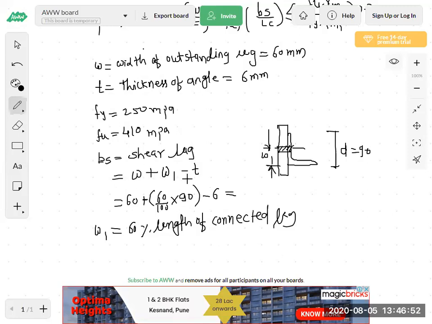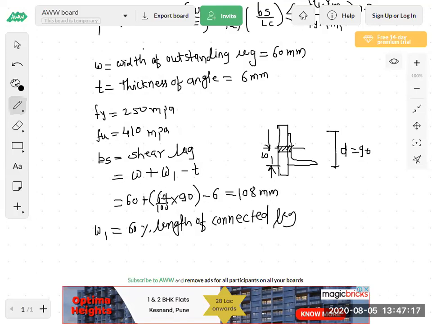W plus W1 minus T. See, we got 108. 108 mm is BS.